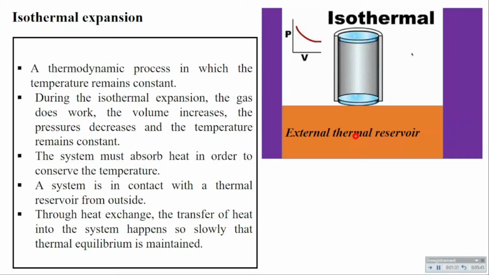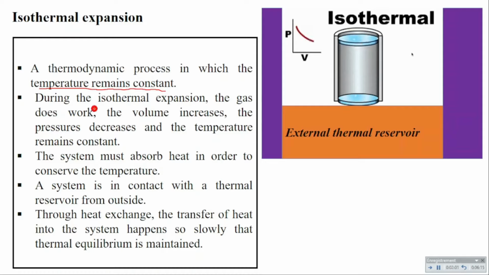There is contact between the external thermal reservoir and the system, through which there is heat exchange. As we have said, the isothermal process is a process in which the temperature remains constant. That is the basis for the isothermal process. Whether it is isothermal expansion or isothermal compression, the temperature should remain constant.